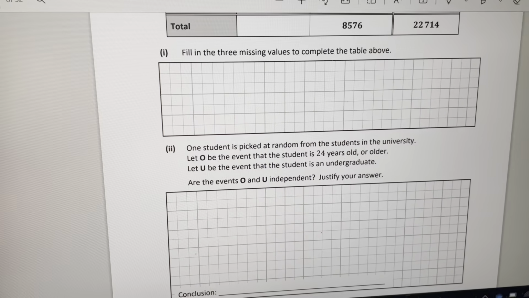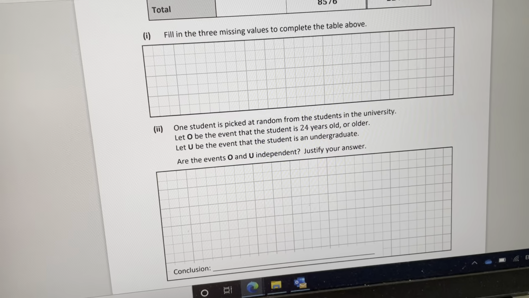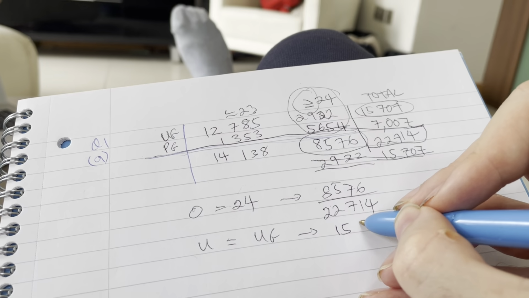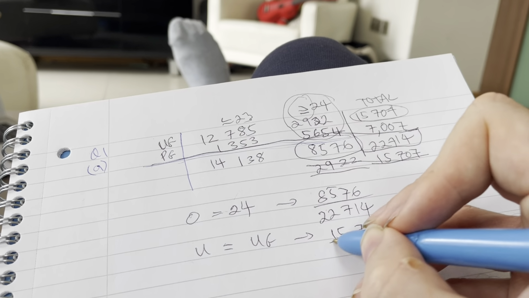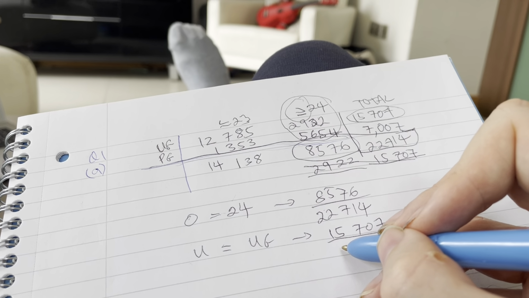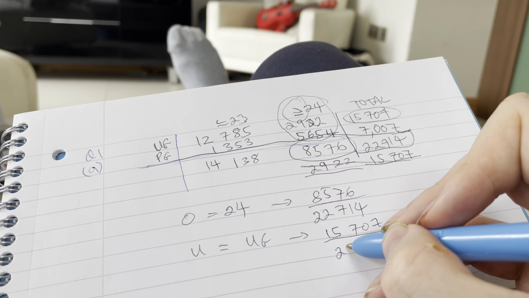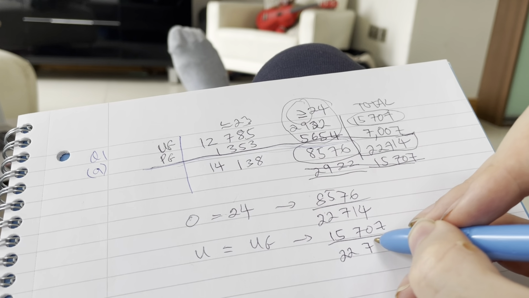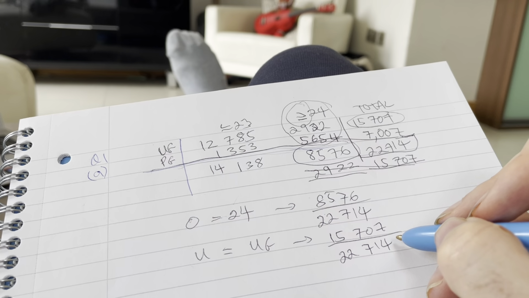U is the event that it's an undergraduate, so it will be that total. So it's 15,707 over the same total, 22714, total of students.